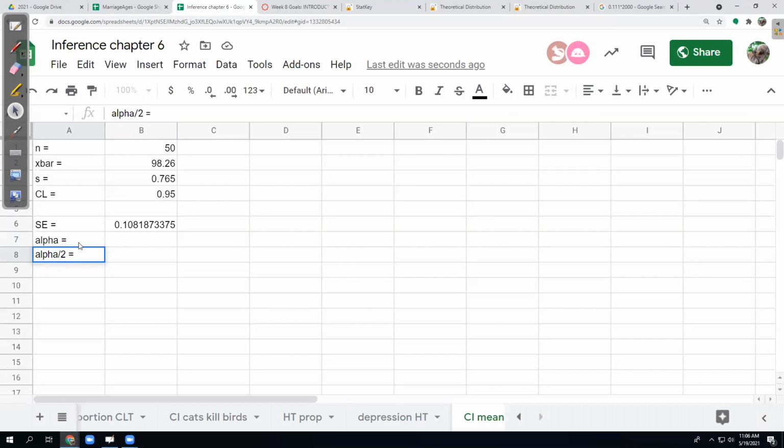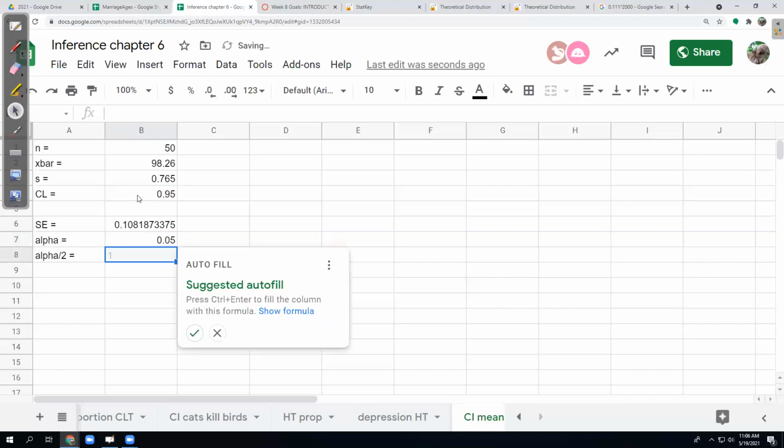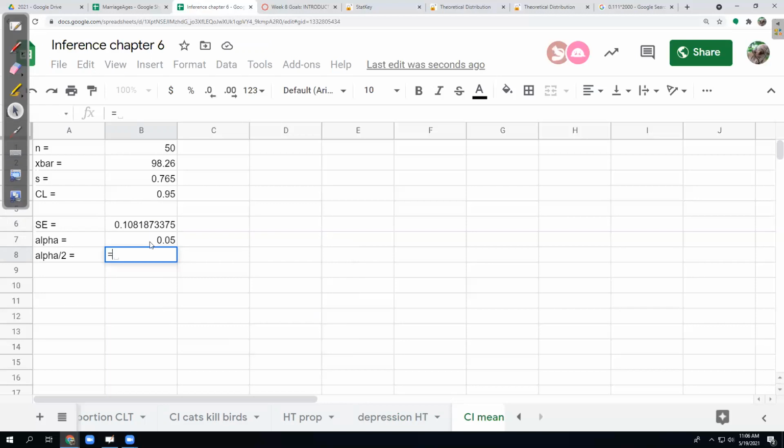Alpha is always 1 minus confidence level. And we're building a spreadsheet that can be reused, which is the nice thing. And then here, I want to cut that number in half, so equals this divided by 2. That tells me what the tail probability is.